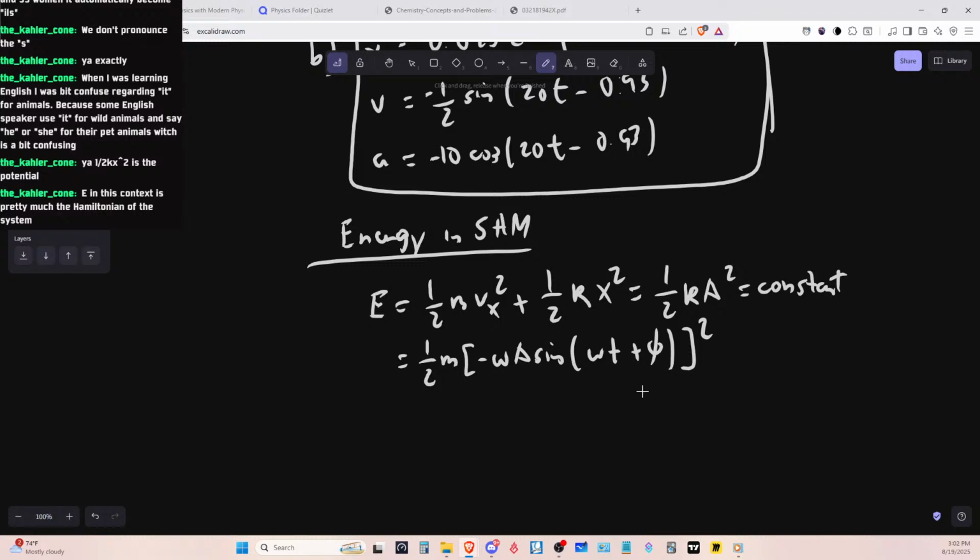Yeah, we'll just leave it like that. That's as nice as I can make it. Okay, then k, and then we have a cosine of omega t plus phi, squared. That actually looks cool.